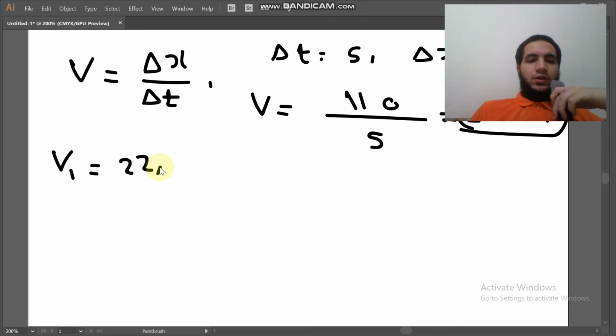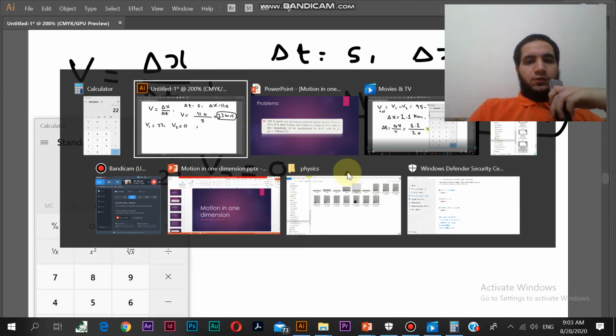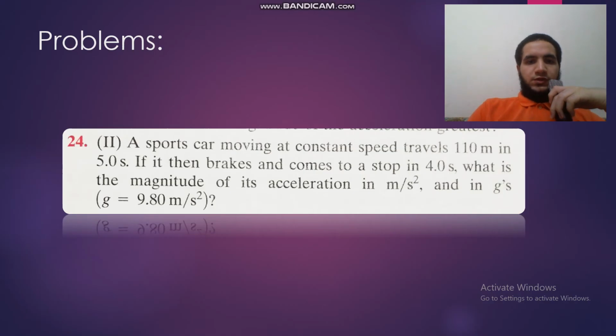And then let's begin the second part, which is braking, or stopping, meaning that it begins from a velocity of 22 and then ends at v2 equals 0, and all of that happened in an interval of time equal to 4 seconds.